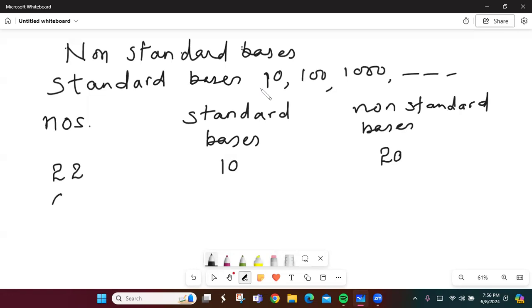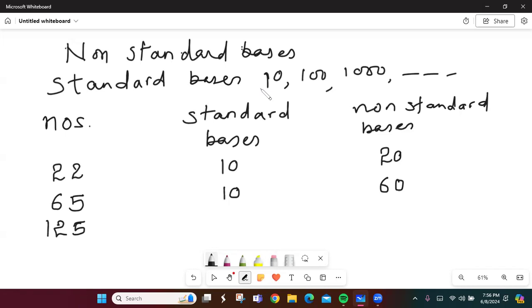Now take another example, say 65. Again for 65, the standard base is 10. And the nearest multiple of 10 to 65 is 60. I can take the non-standard base as 60. Now take the example of 125. Actually, for 125, the nearest standard base is 100. But the difference between 125 and 100 is 25. And secondly, there is no multiple of 100 other than 100 itself, which is closer to 125.